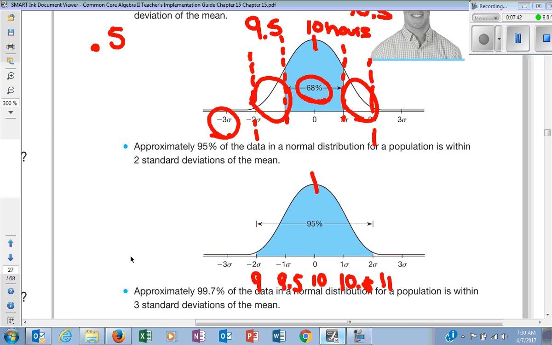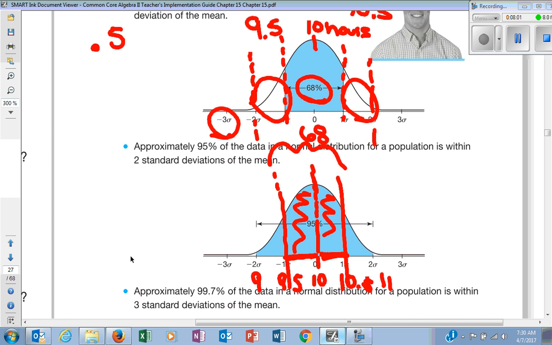Now, do you notice how all of this was 68%? Isn't this the same distance as this? Isn't this the same area as this?